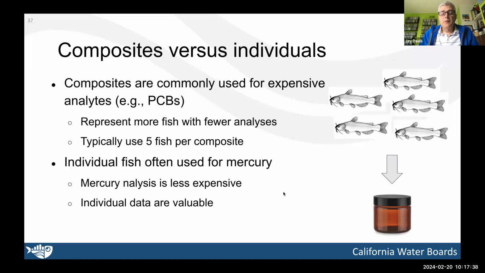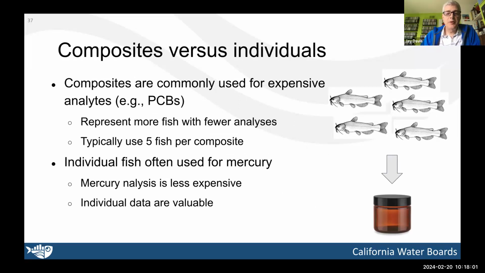Whether to analyze samples as composites or individuals is another key design question. Composites are usually used for expensive analytes like PCBs, where you take a larger number of fish, put them in the blender, and make a homogenate from all the fish, from fillets.